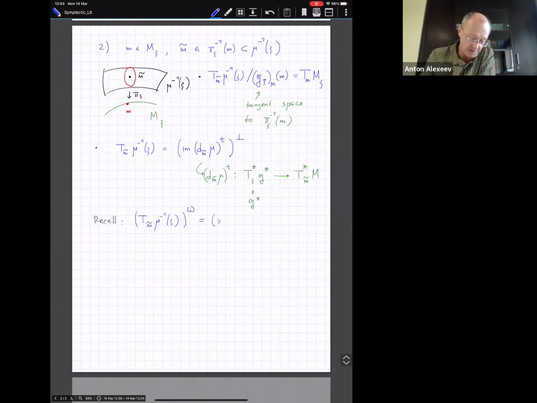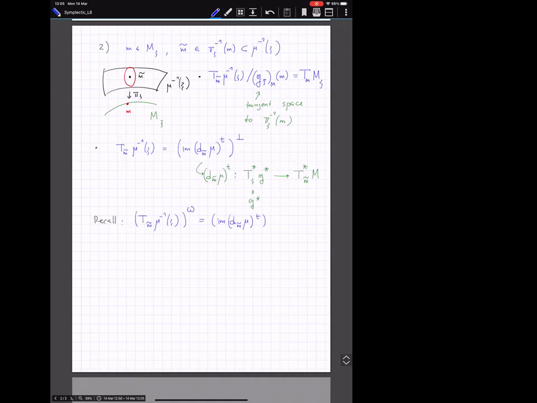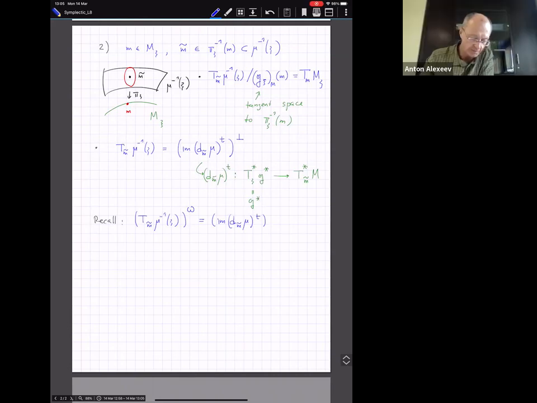And well, I'm replacing it with the image of dm tilde mu transpose orthogonal. Sorry. I think the proposition is telling me, yeah, here I also start getting confused. What was the proposition that we had before saying?